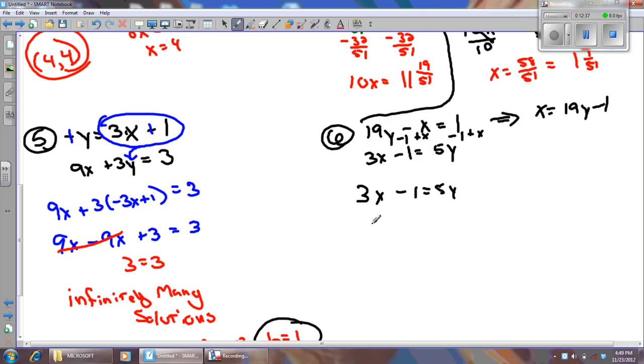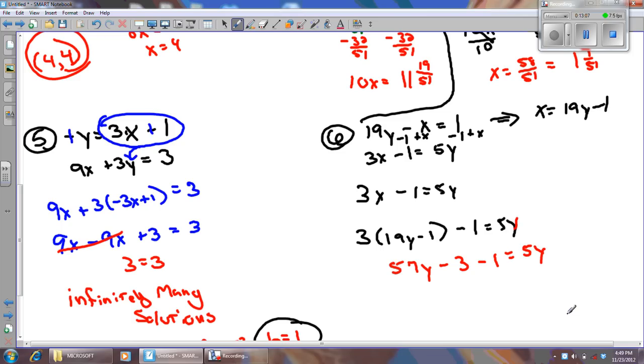I'm going to rewrite the second equation as 3 times the quantity of 19y minus 1, and there will be a minus 1, and that'll equal 5y. There we go. Distributing 19 times 3 should be 57y minus 3 minus 1 equals 5y, right? That's a y there.